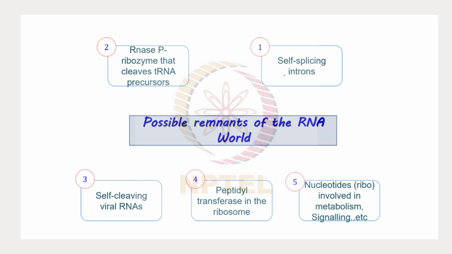Next is your self-splicing introns. Yes, we need to splice the introns, not the exons. Next is self-cleaving viral RNA. In some viruses, the genetic material is RNA, not DNA. In higher living organisms like humans and other mammals, the hereditary material is DNA.